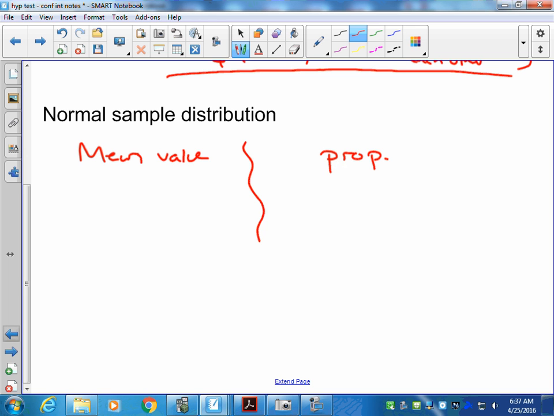Now, if we're dealing with a proportional problem, that is our best case scenario because it is one thing that we test. We're testing our sample size times our proportional value, and we just make sure that that's greater than or equal to 10. The same thing with our sample size times 1 minus our proportional value greater than or equal to 10. And you have to do these two calculations for each sample. So if it's a 2-sample problem, you should have 4 calculations.